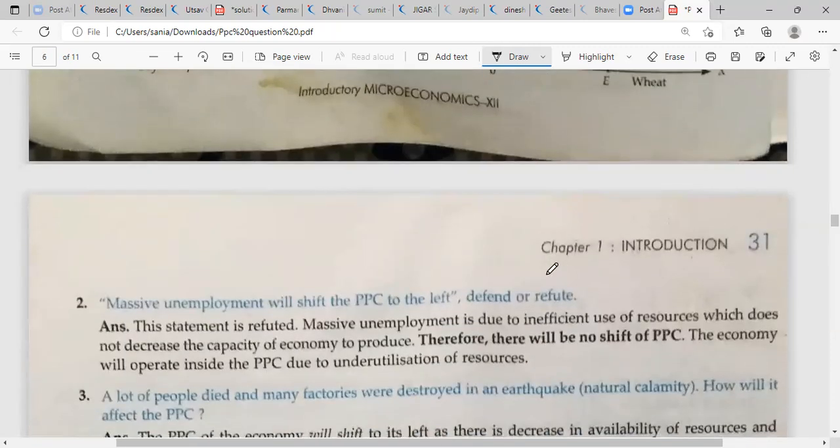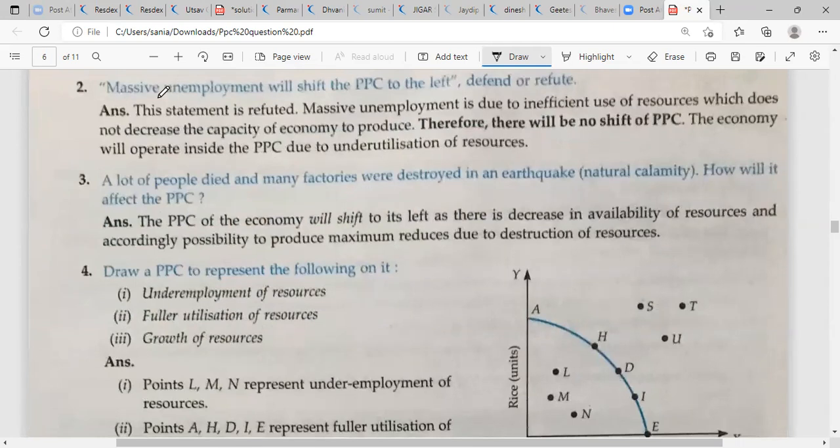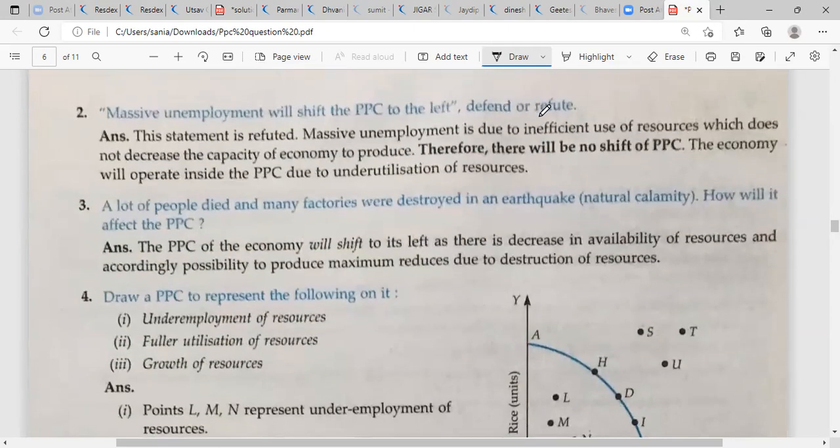Next is, massive unemployment will shift the PPC to the left. Defend or refute. So this statement is refuted. Massive unemployment is due to inefficient use of resources, which does not decrease the capacity of the economy to produce. Therefore, there will be no shift of the PPC. Got the point?